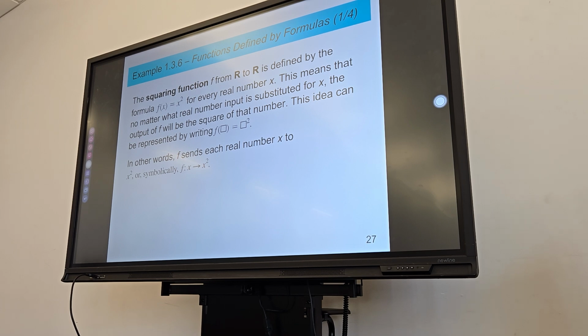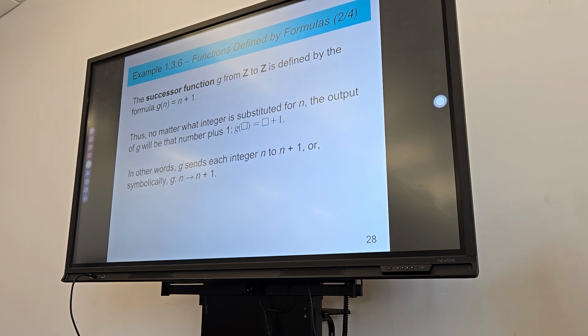Symbolically, f is x, right arrow, x squared. The successor function from integer to integer is g of n equals n plus 1. No matter what you put in, you get n plus 1.